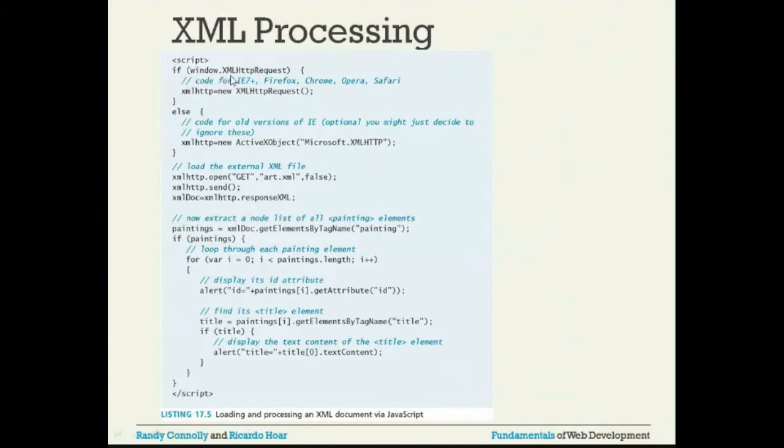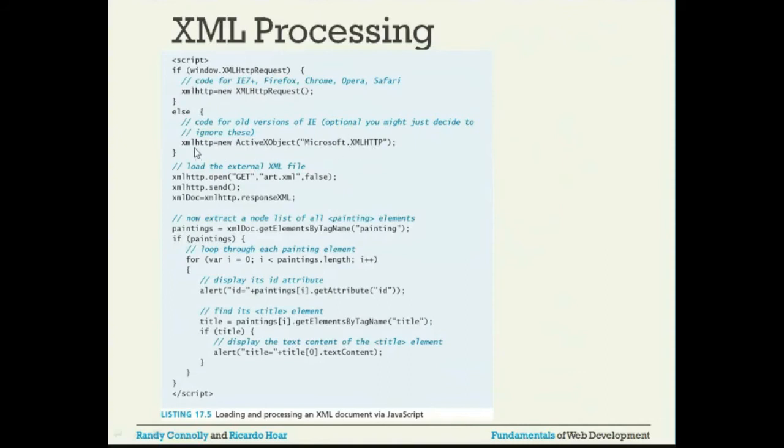If window.XMLHttpRequest, so if it is an XMLHttpRequest, which is available in recent browser versions, IE7 plus, Firefox, Chrome, Opera, Safari, then you are going to create an object of XMLHttpRequest, and the reference will be stored in xmlhttp. Otherwise, if it is an older version of IE, then you are going to create a new object of ActiveXObject with Microsoft.XMLHTTP.